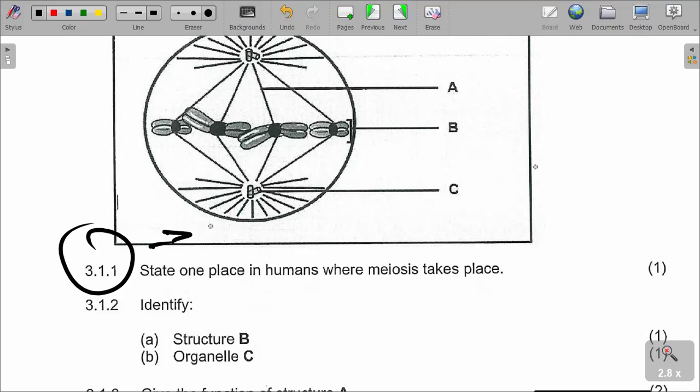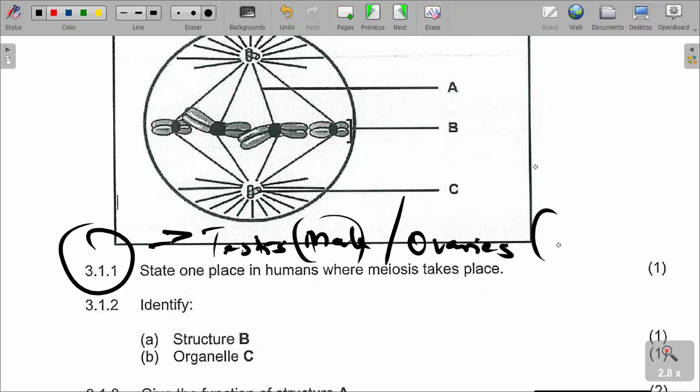So we can say that testes, that is in male, and then the ovaries in female. That's what we need to know.